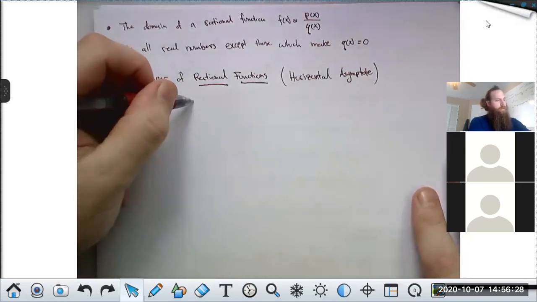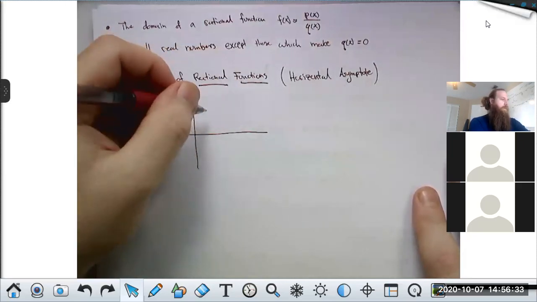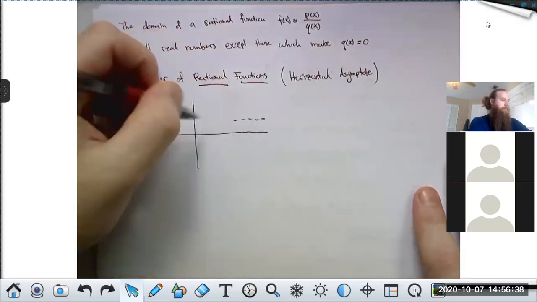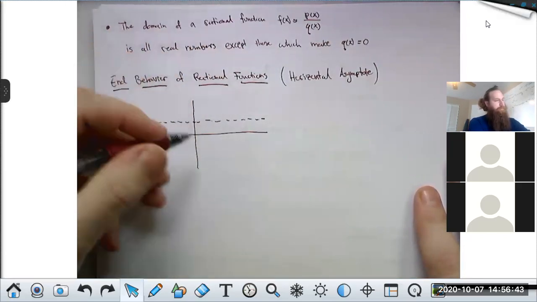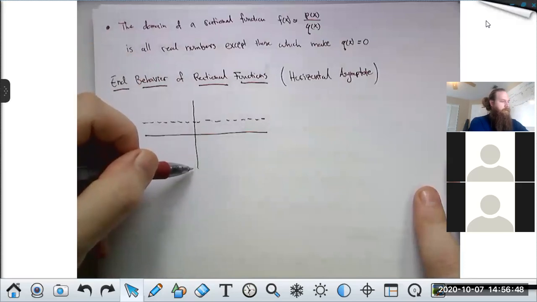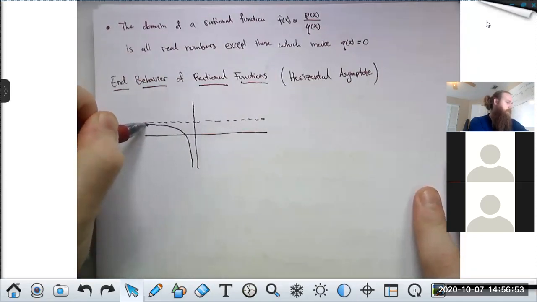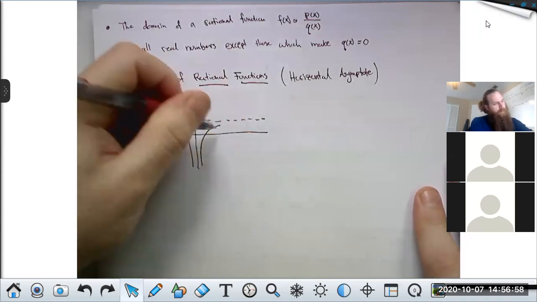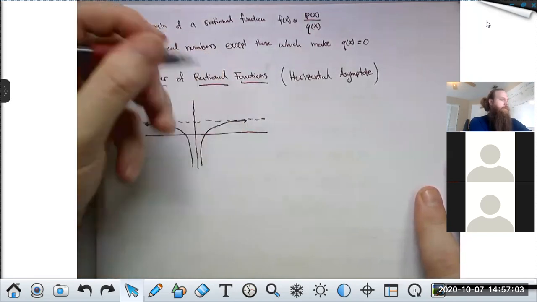I'll show you a picture of an example of a rational function. I'm not going to tell you the formula just yet, because it doesn't matter for what we're doing right now.